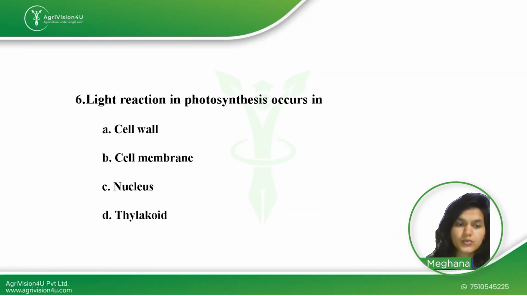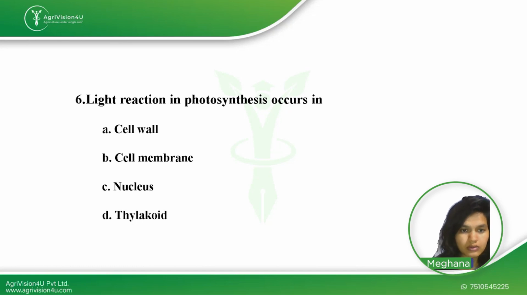The next question, the sixth one: the light reaction in photosynthesis occurs in the cell wall, cell membrane, nucleus, or the thylakoid? The light reaction is an initial stage where the light is trapped in order to produce ATP as well as NADPH. The second is the dark reaction, where the energy from ATP and NADPH is used to produce glucose.